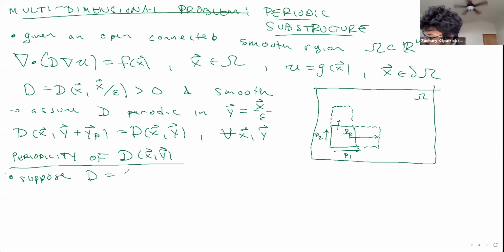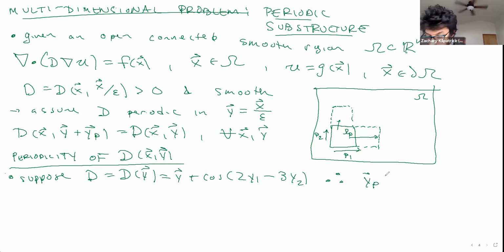So let's suppose that, for instance, we take D to actually have no macrostructure. It'll be homogeneous in the macrostructure, and it only has this microstructure. So that p is equal to (pi, 2 pi over 3).